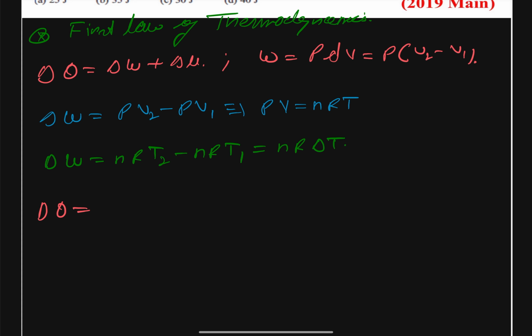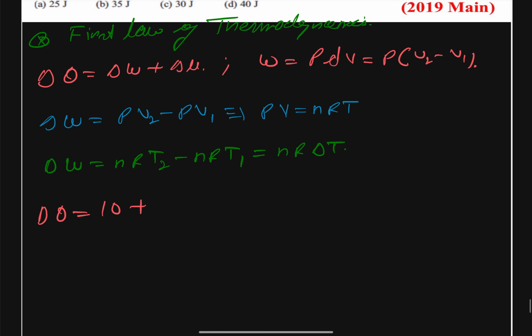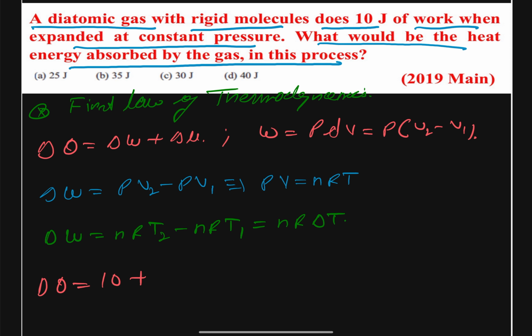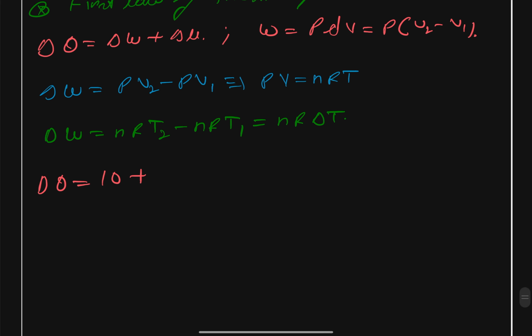will be equal to 10 plus delta of U. We are given diatomic is there, so we can write this in terms of degree of freedom. Because this nR delta T is equal to 10.